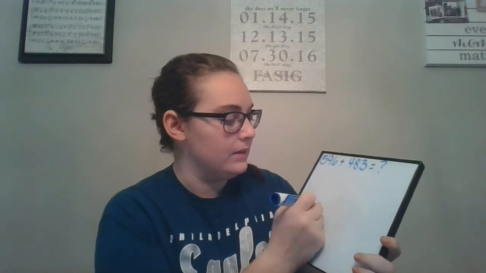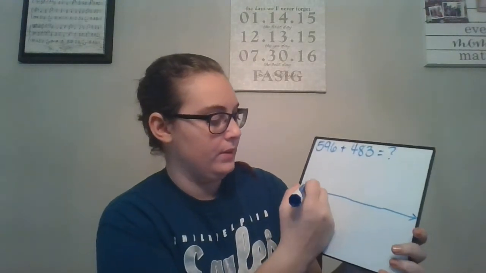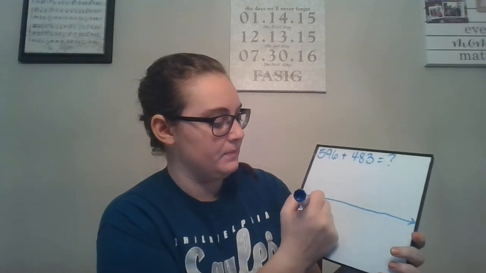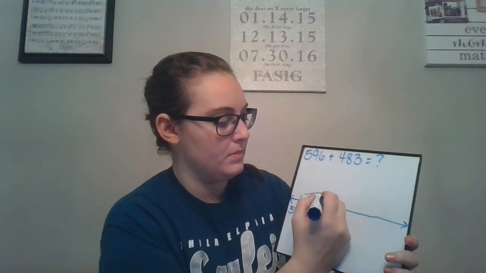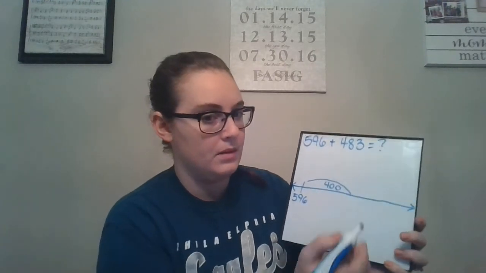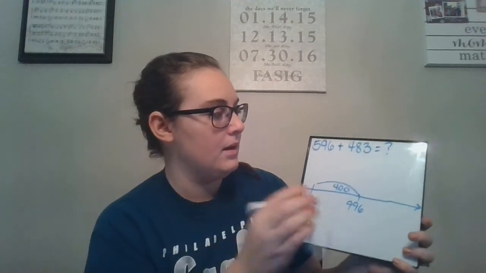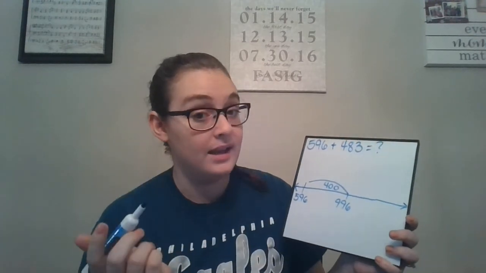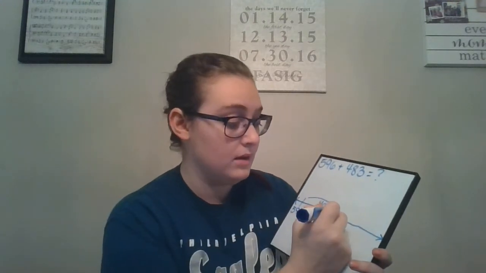So we would start by drawing our number line. We would start with 596 plus 400, going to be 996. 996 plus 80. Now, that's a little bit trickier. If you need to break it up, you can, or you can just kind of think yourself through it.